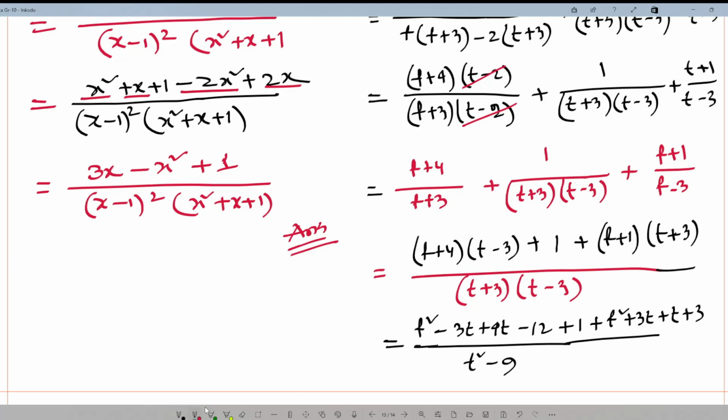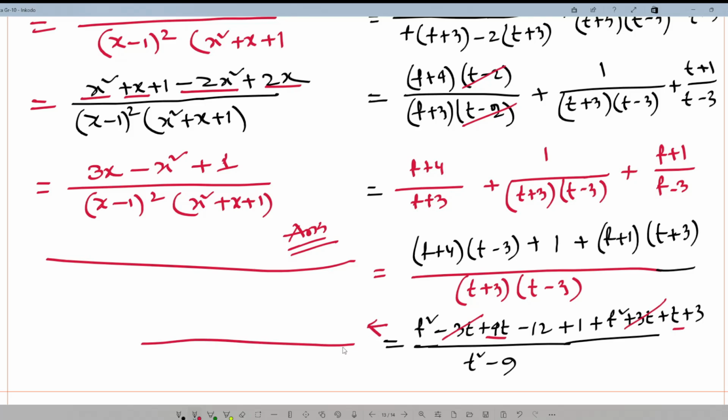Then look, minus 3t and plus 3t cancel out. So here 4t plus t will be 5t. So we can write this over t square minus 9.